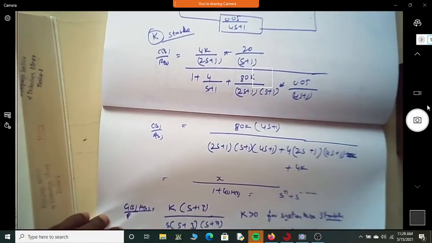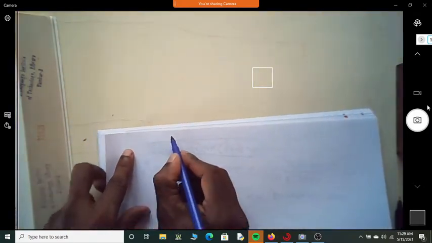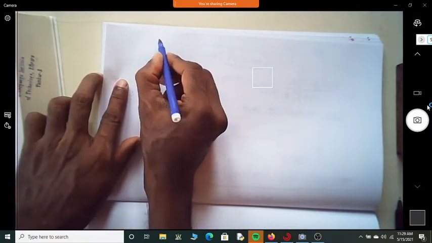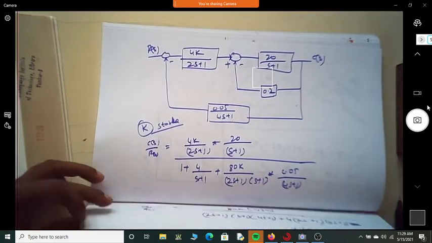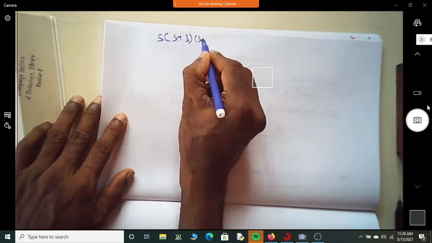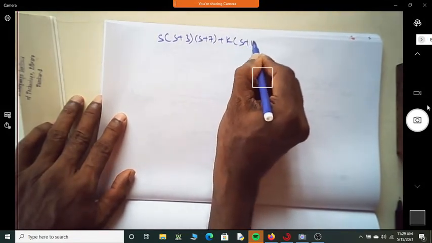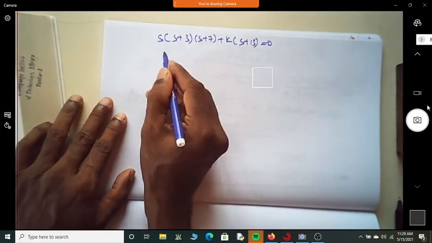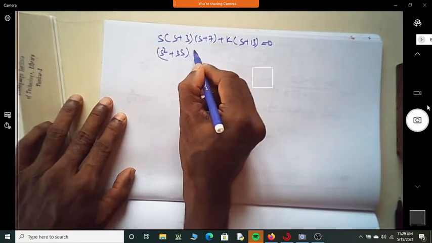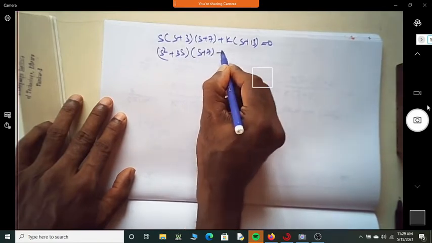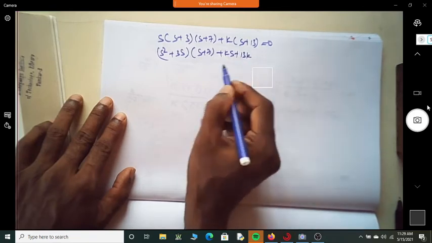Can we actually solve for this? Can we actually get the polynomial? It is actually S into (S plus 3) (S plus 7) plus K into (S plus 13) equal to 0. Is it S square plus 3S into (S plus 7) plus K plus 13K?